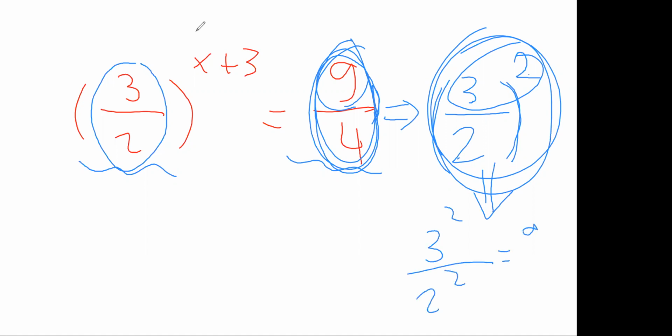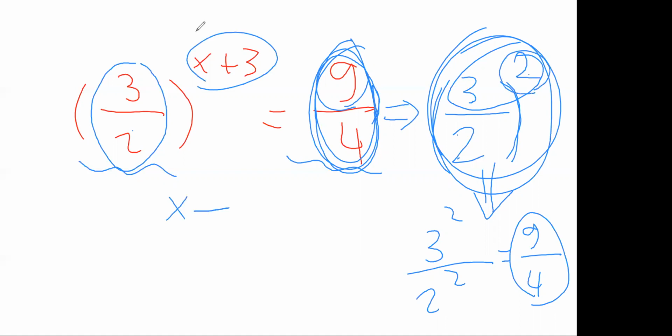So you didn't change the rational number or the fraction. You kept it as it is, but you changed the form of writing it. Okay? So I make it 3 over 2 power 2. Now the bases are equal, so the powers will be equal. So x plus 3 equals 2. So x equals negative 1, and so on.